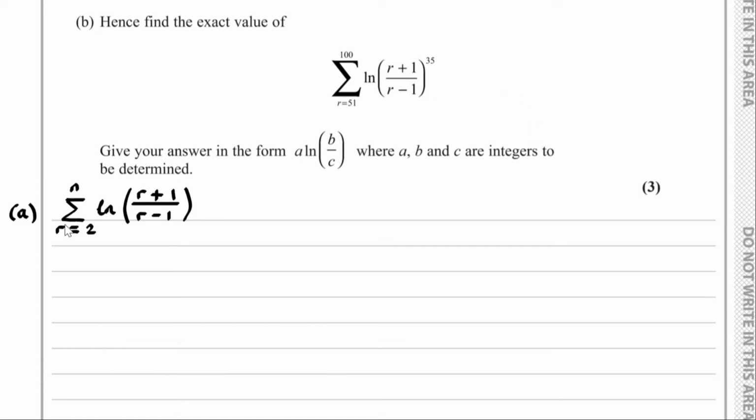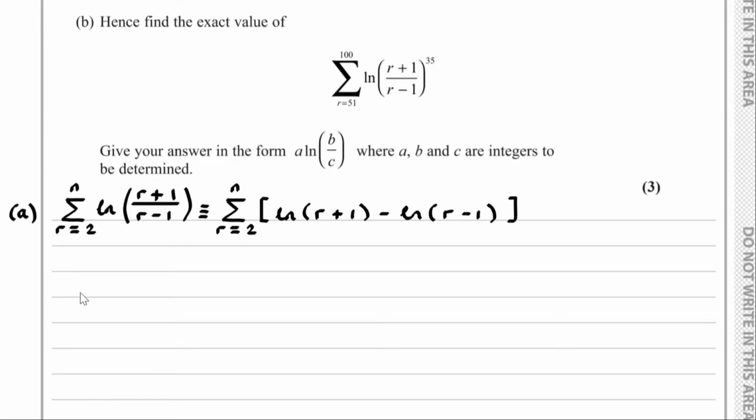Well, for part A, the sum from r equals 2 to r equals n of the natural log of r plus 1 over r minus 1, that is equivalent to the sum from r equals 2 to r equals n of the natural log of r plus 1 subtract the natural log of r minus 1. We use the subtraction law of logs for this result here.